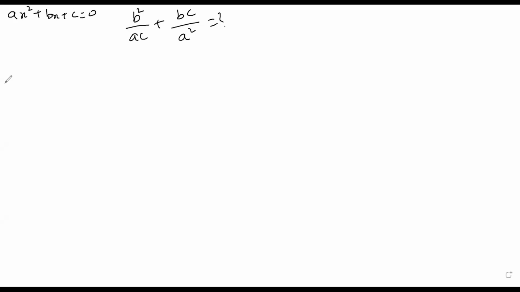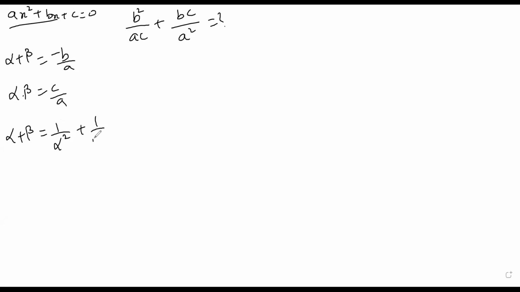So we already know that alpha plus beta in this equation is minus b by a, and alpha beta is c by a. They have said that alpha plus beta is equal to 1 upon alpha square plus 1 upon beta square.